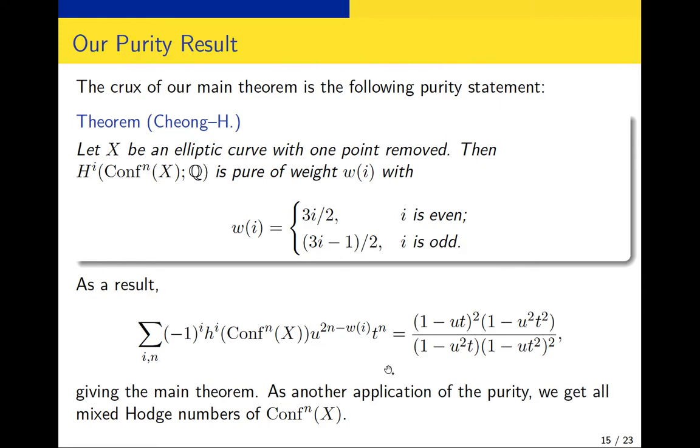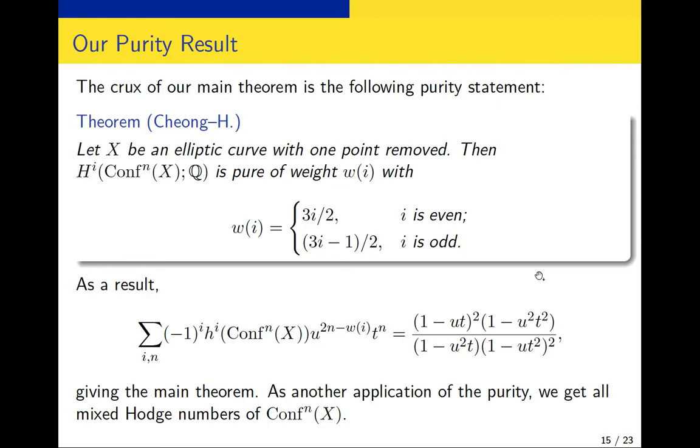And this can actually prove something stronger. We in fact use this purity statement to get all mixed Hodge numbers of Conf_n(X). So in the rest of the talk, we will just focus on the proof of this theorem because we have seen how this theorem implies our first theorem.